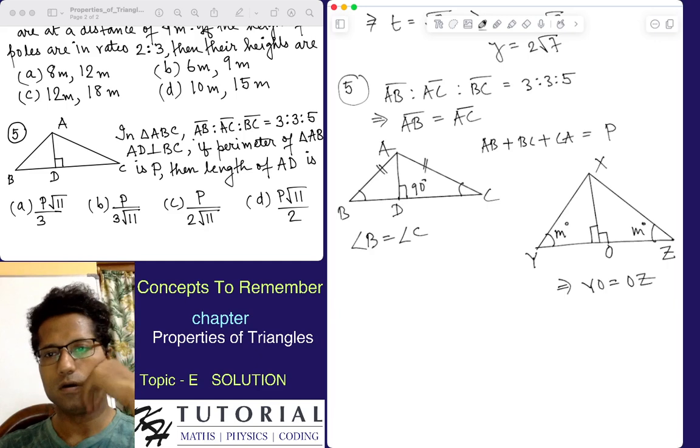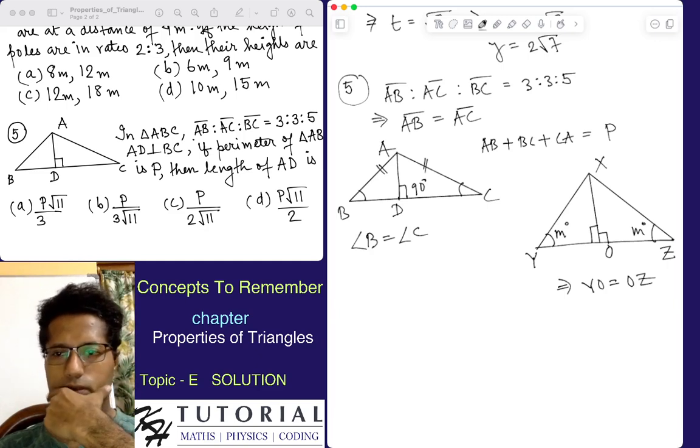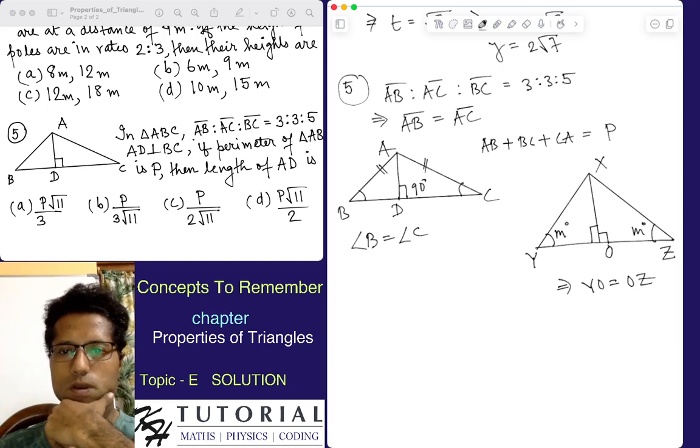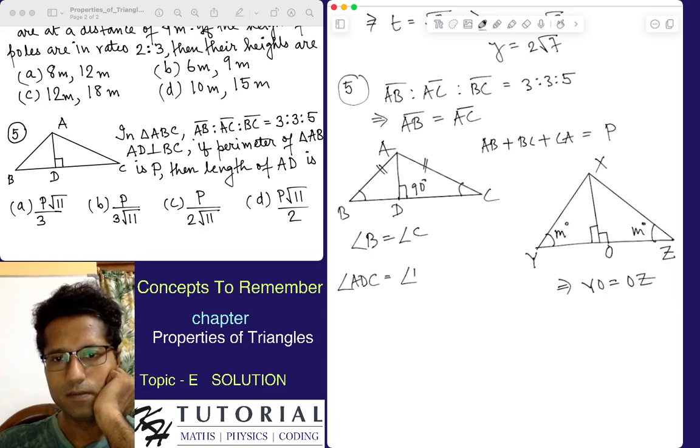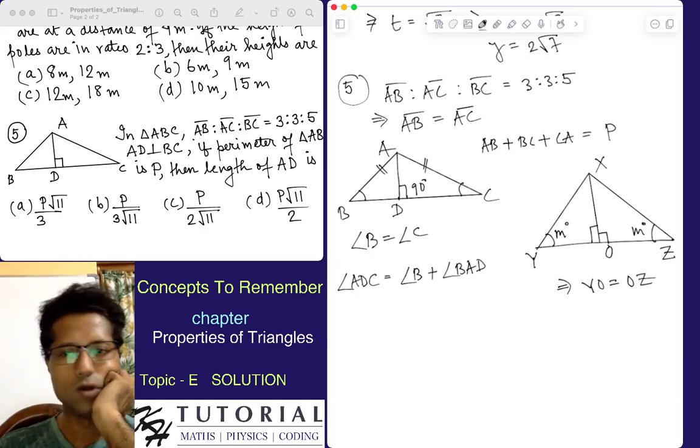Now, if we use the exterior angle property, the exterior angle is equal to the sum of the two opposite interior angles. You can see that this 90 degree angle ADC is an exterior angle. This angle ADC will be equal to angle B plus angle BAD, because angle B and angle BAD are the two opposite interior angles to the exterior angle ADC.